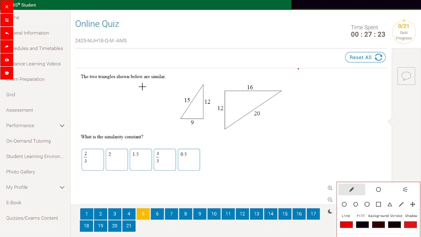The two triangles shown below are similar. Similar means that two triangles have the same shape. For example, these two triangles are right-angled, but the sides and the angles may have different size.